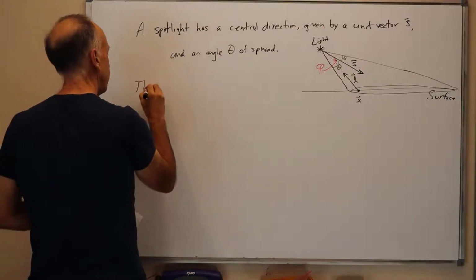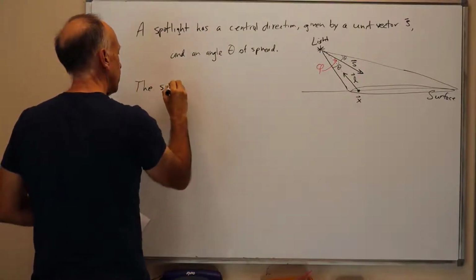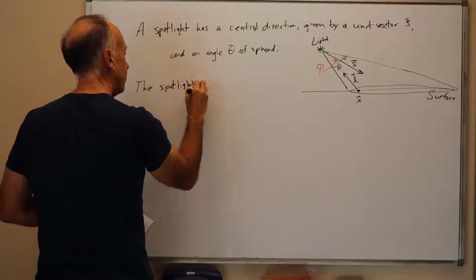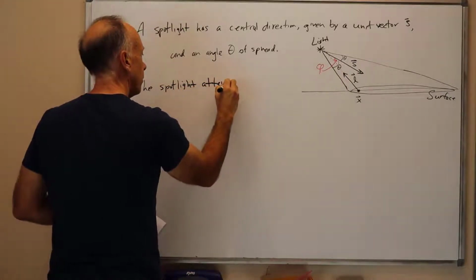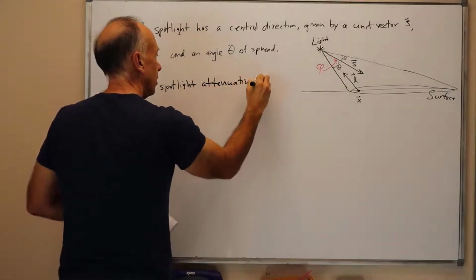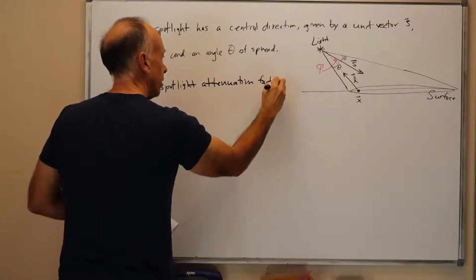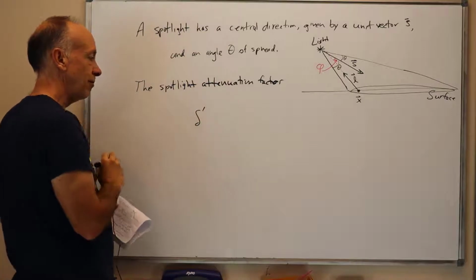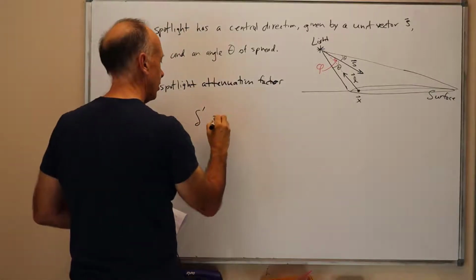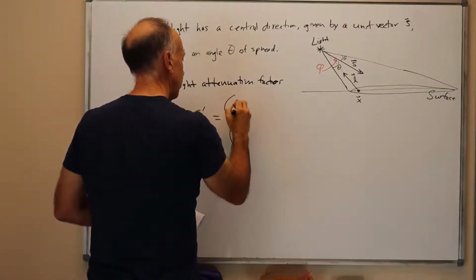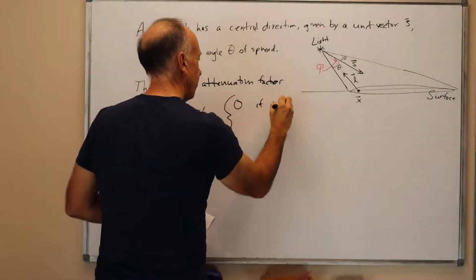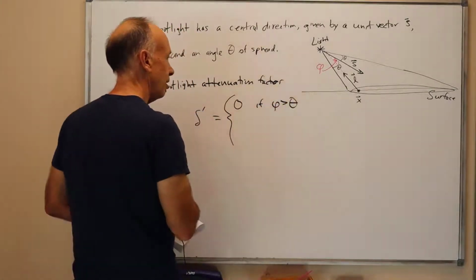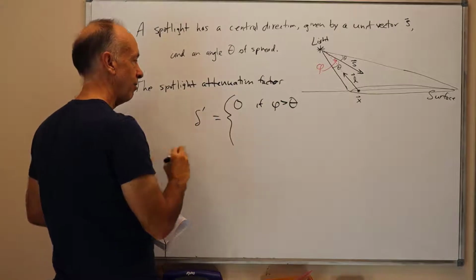So the spotlight attenuation factor is given by the following formula usually. I'll call it delta prime to distinguish it from the distance attenuation factor on the previous board. This will be equal to 0 if phi is greater than theta and the point X is outside of the cone of light.